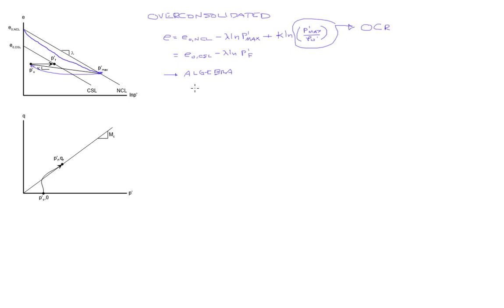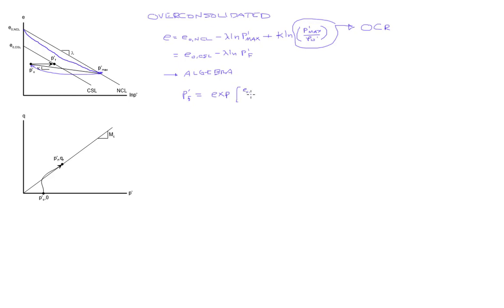So we do some algebra and we can define an expression for p' at failure here. p' at failure is going to be equal to that same exponential function with the e0 CSL minus e0 NCL divided by lambda.